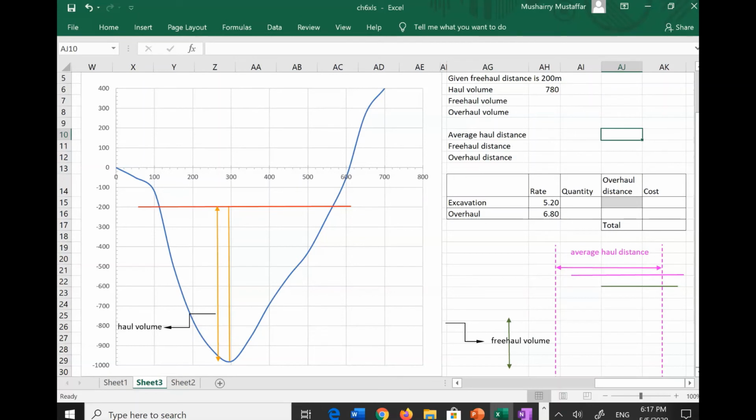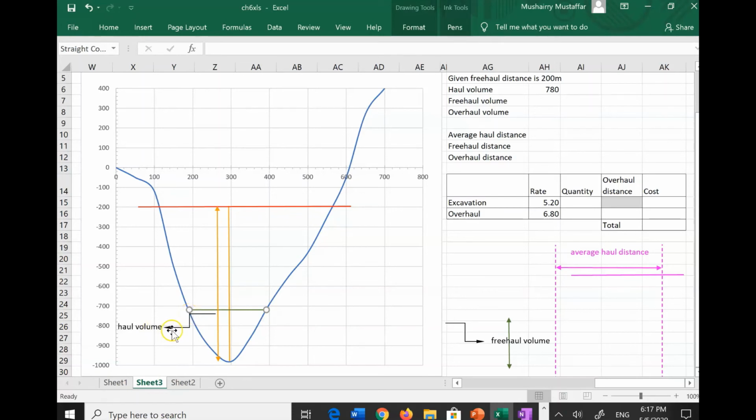So I'm going to draw a line. I think this green line here. If I put it against there, you can see it's about 200 meter long, between 300 and 400. So I'm going to take that line and bring it down so that it hits the curve at two points like that. That is how you draw the freehaul distance in parallel, and it hits the curve at two points.